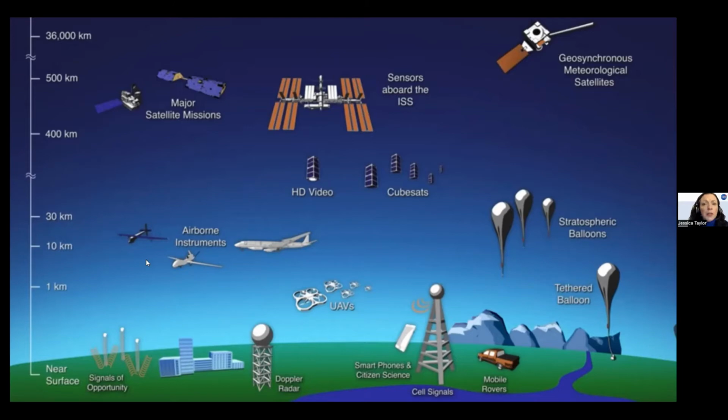So we can go to specific locations around the world and measure what's going on and see how those measurements might compare to those of our satellites, making sure that our algorithms, those mathematical equations that we use to calculate what's happening, are indeed accurate. We also use other platforms like UAVs, but if you go down to the bottom, you'll also see smartphones and citizen science.